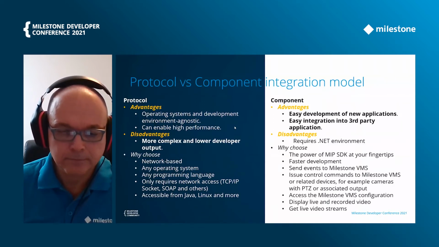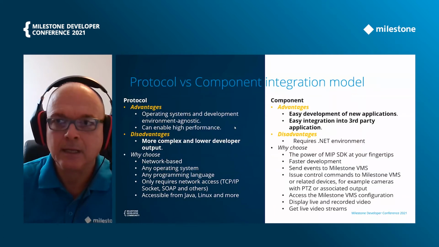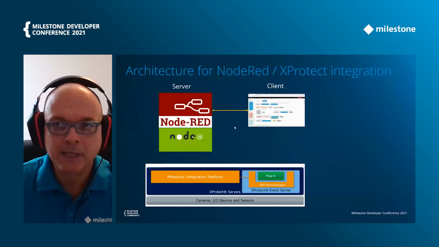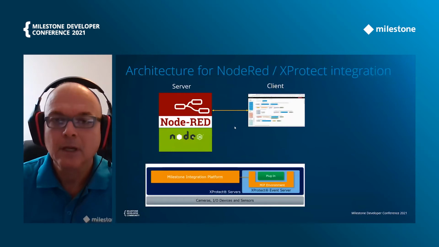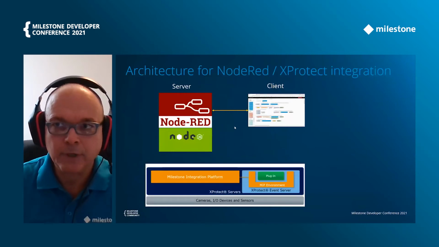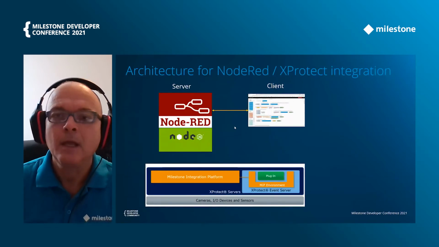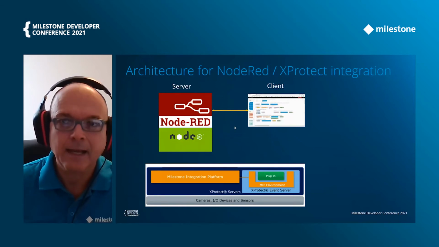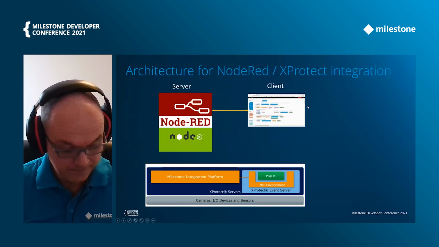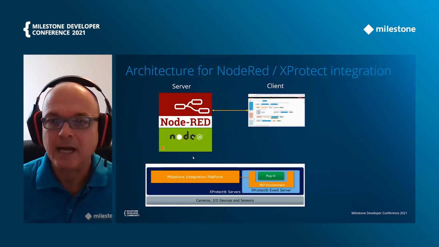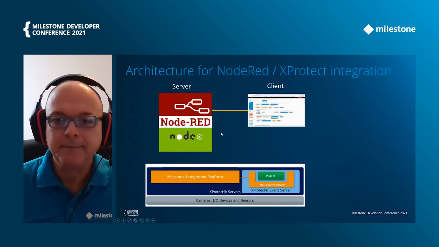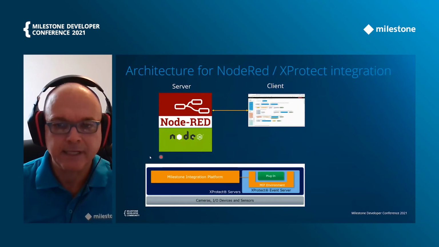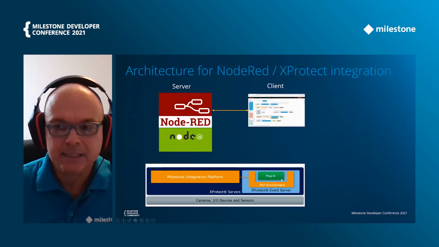If we go further with the presentation, let me give a high-level overview of the architecture for integrating XProtect and Node-RED by using component integration. Node-RED is written in JavaScript. It is based on Node.js, and it is this upper part. The Milestone Integration Platform is written in .NET, in C#, and it is this lower part.